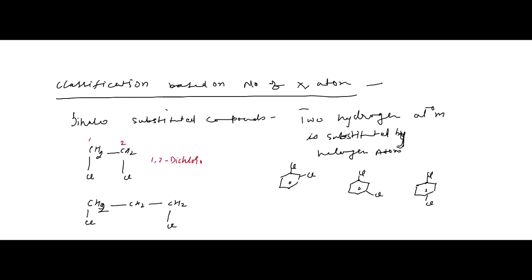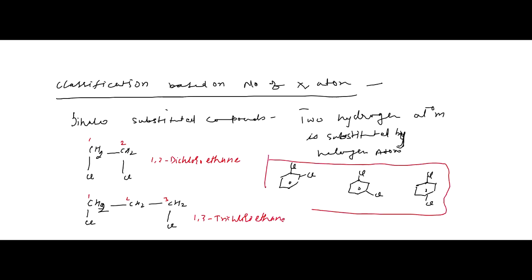What will be 1,2-dichloroethane? If you are writing this one, 1, 2, 3, so what is 1,3-trichloroethane? Here there are two names for this one. Different names are given here.